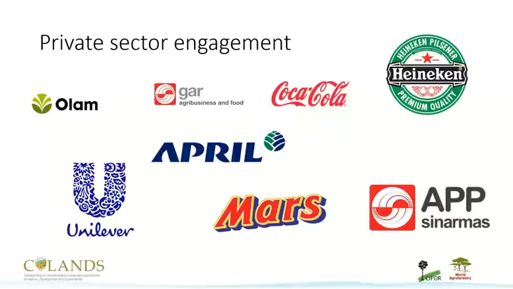Landscape approaches are concerned with long-term sustainability, whereas the private sector is concerned with short-term profits. Landscape approaches are concerned with engaging multiple stakeholders and achieving collective action, whereas private sectors are more concerned with keeping shareholders happy. So there are obviously some tensions between principles and traditional private sector actions.